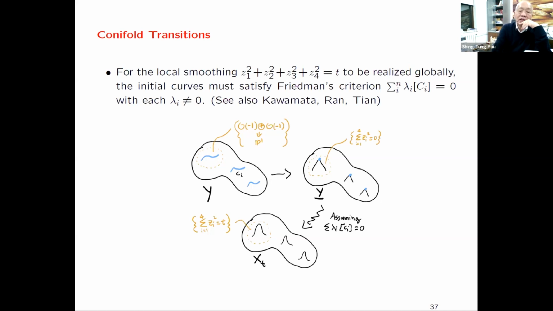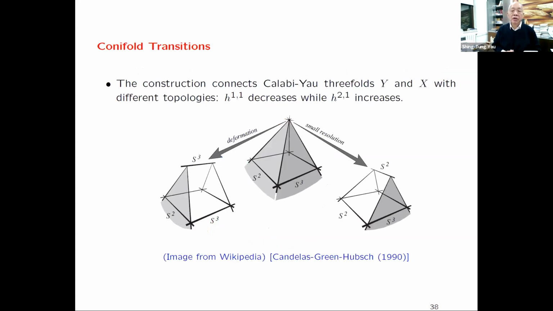So what we have achieved is that, according to Miles Reid, given a Calabi-Yau manifold, we can obtain an X where we destroy most rational curves in that way. So the construction decreases h^{1,1} because we collapse the rational curves, and h^{2,1} goes up.